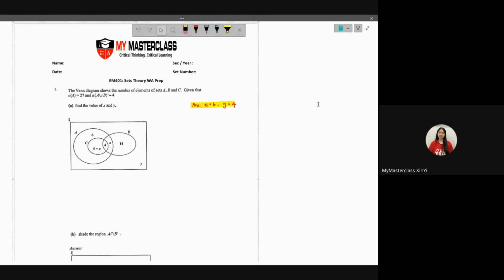Number of elements in A union B, right, outside you should only get one. A union B is all of this, so outside it should only plus one.